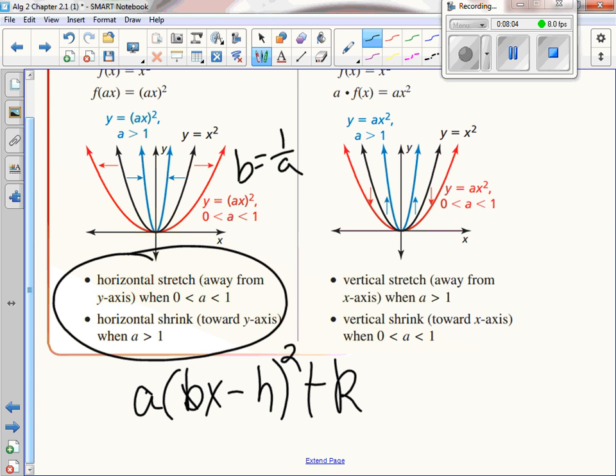And it looks like this here. B comes in front of the x. So if we said it's a horizontal stretch of 3, what we actually plug in here is 1/3. And when it's a horizontal shrink by a factor of 3, we plug in 3.